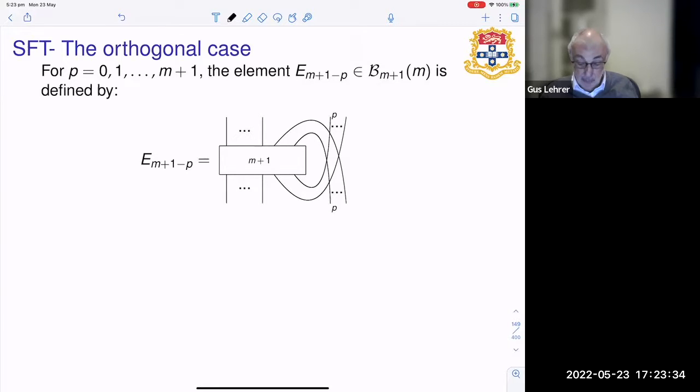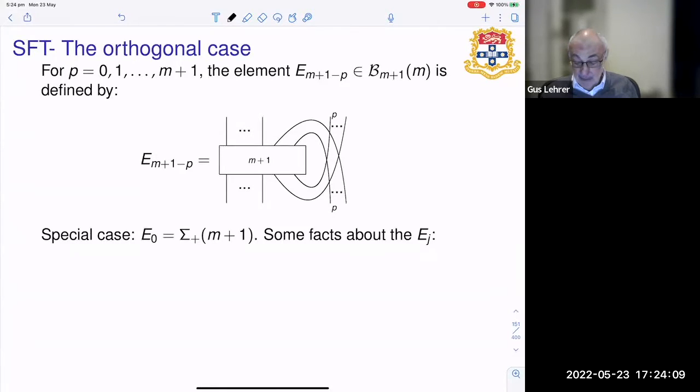Remember, the alternating box in the orthogonal case does have the property that this is 0. The special case of E0, the one that I spoke about, the alternating diagram. And here are some facts about these various EJ.